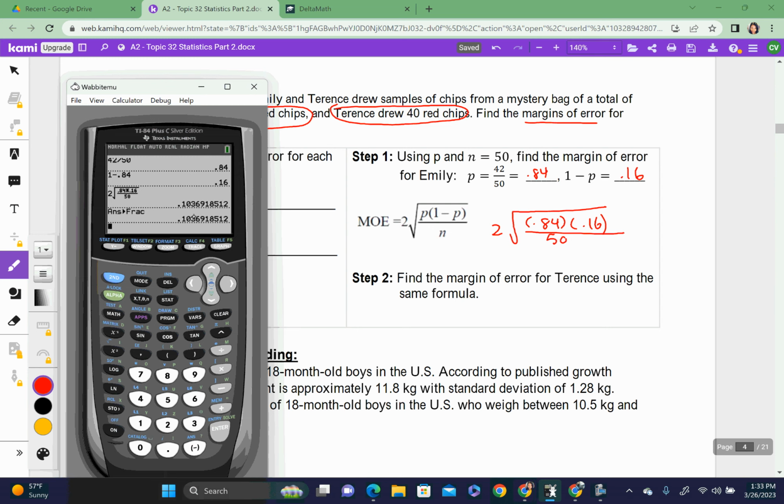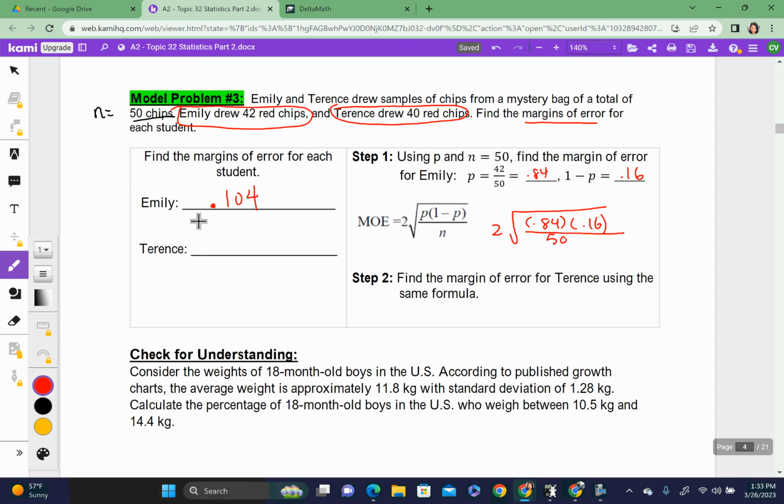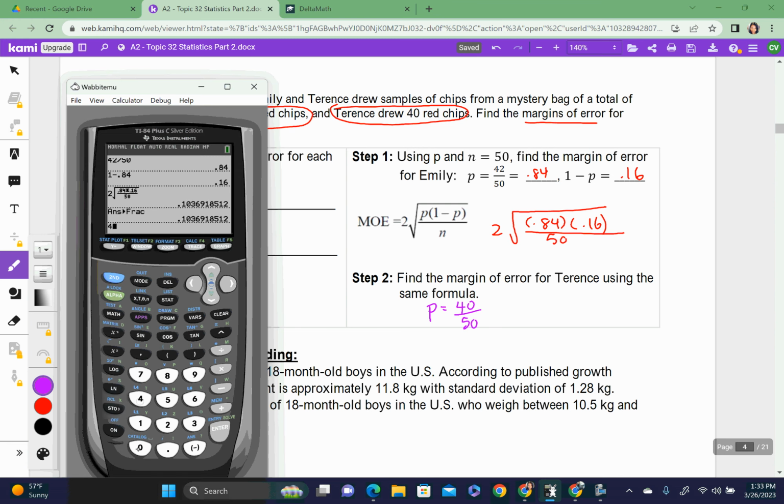Good. Now I'm going to find the margin of error for Terrence by doing the same thing. So now I have to get my P. Let me go ahead and change my color. How did I get our P? By taking the number of red chips that Terrence drew, which is 40, out of the total, which is 50. So 40 divided by 50, I could do that easily on the calculator.